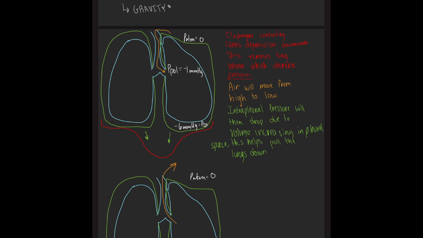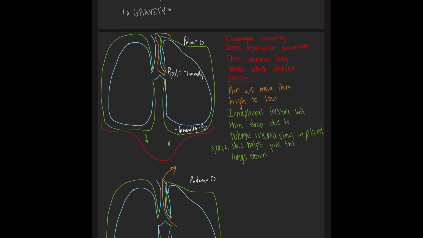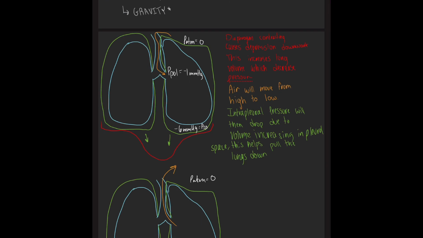So we're going to see our intrapulmonary pressure go down to -1. Once our intrapulmonary pressure moves down, that means the air is going to want to come in, because we go from high to low, right?